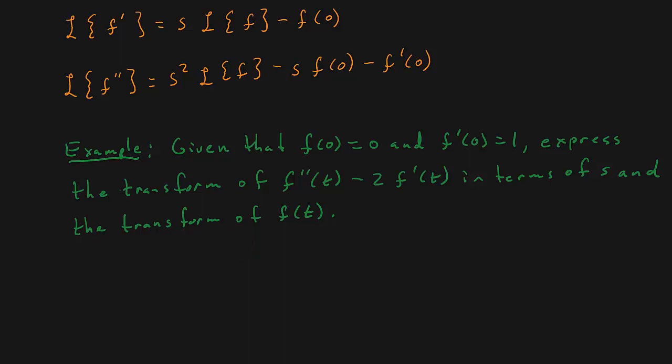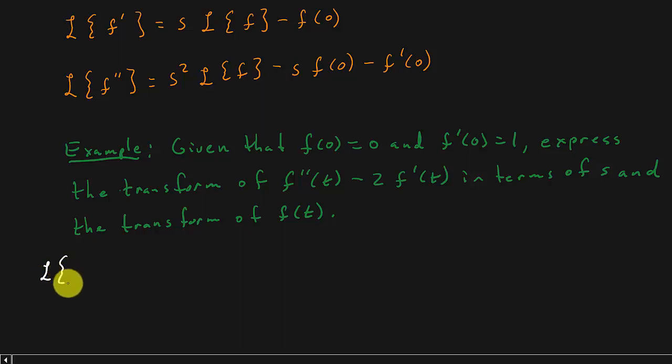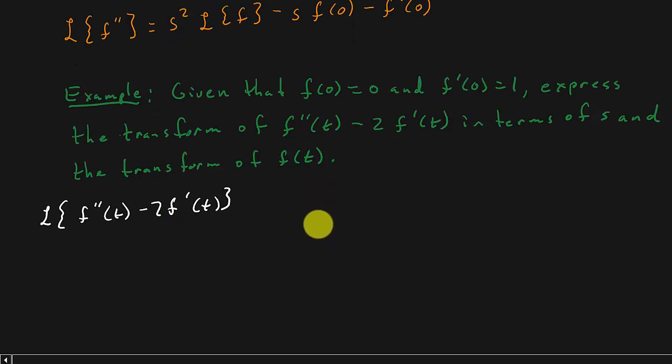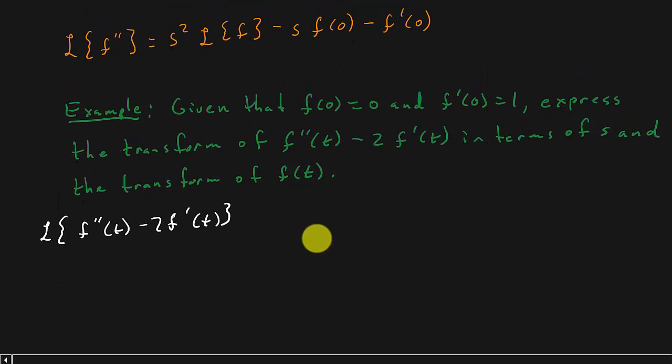All right. So we have the Laplace transform of f double prime of t minus 2f prime of t. All right. Now, what does this equal?